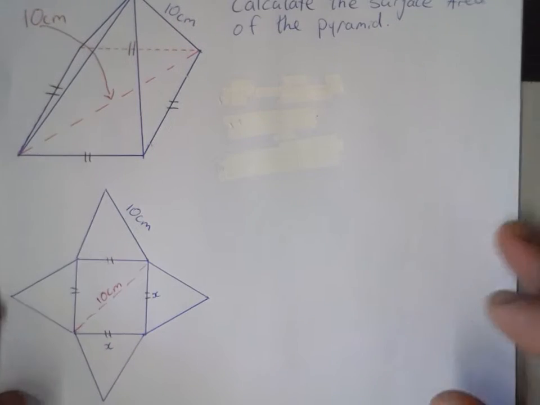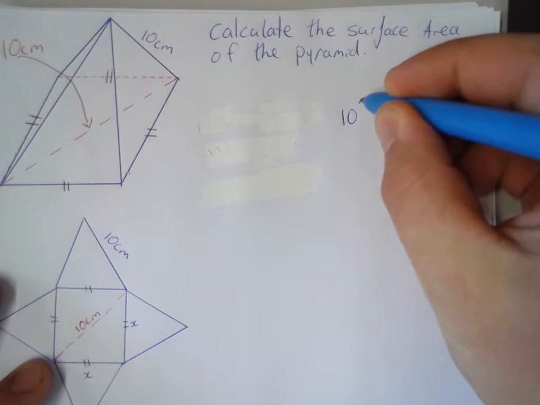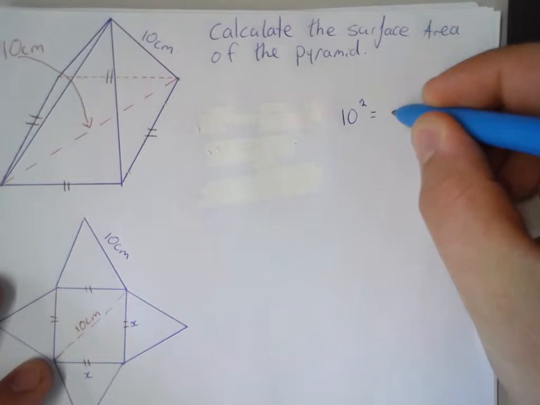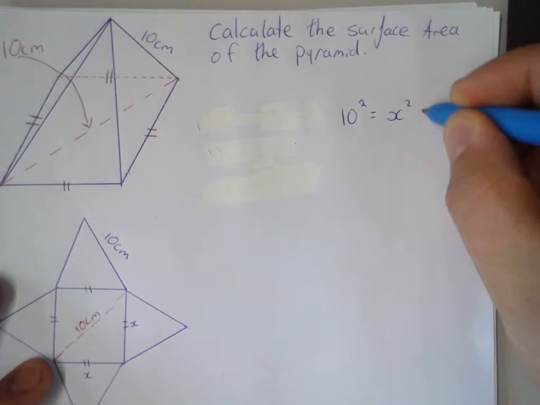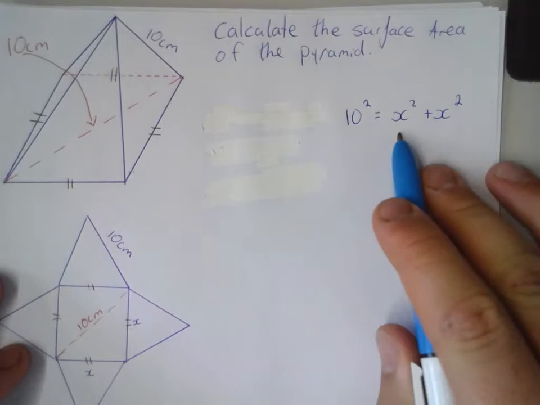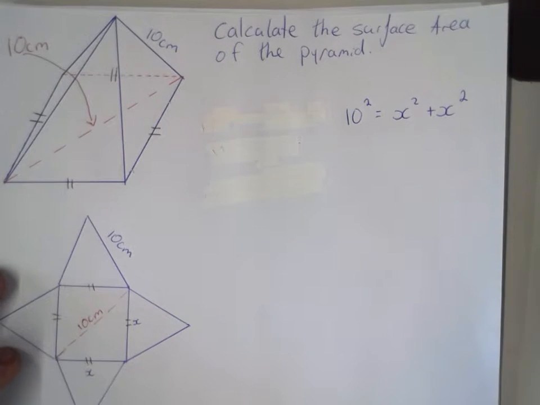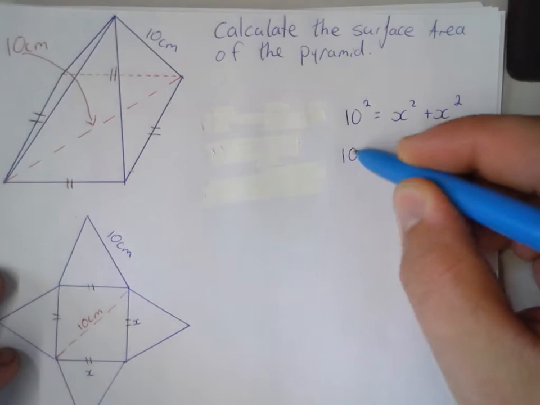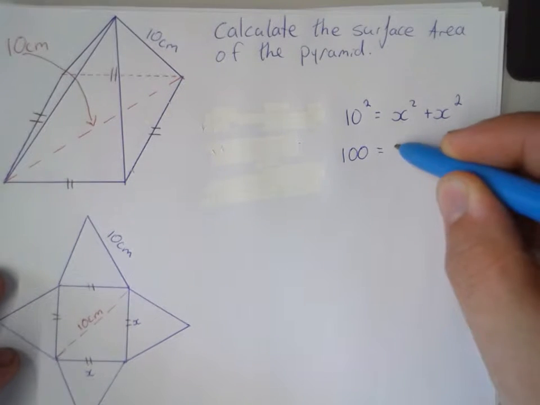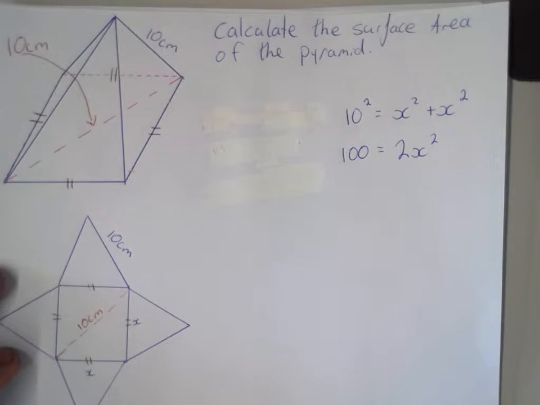I can say that 10 squared is going to be equal to x squared plus x squared. C squared equals a squared plus b squared, that's my Pythagorean formula. This is going to equal 100 equals 2x squared. That's where we're at to start with.